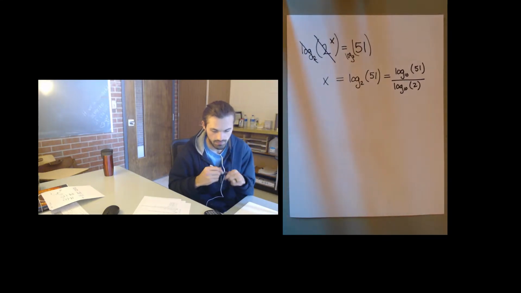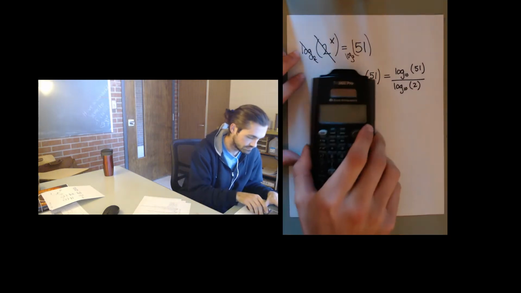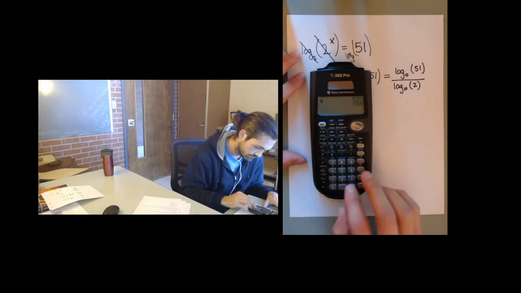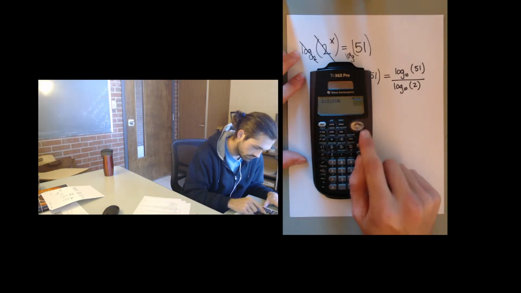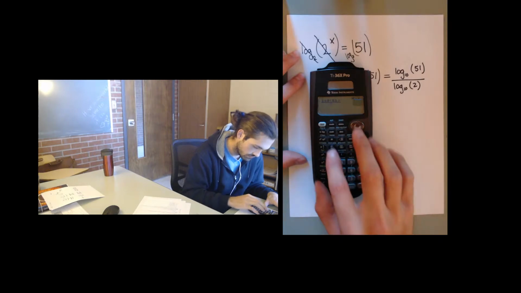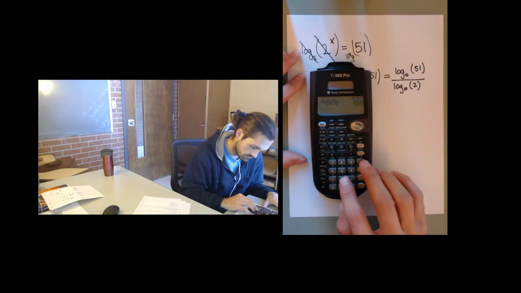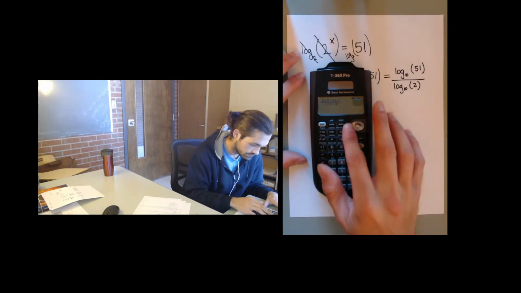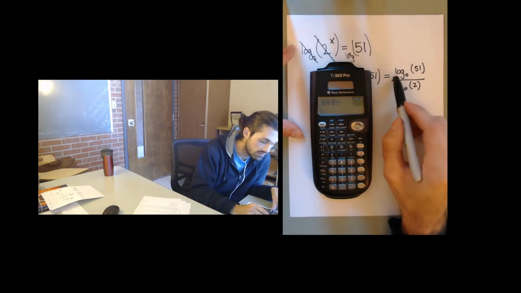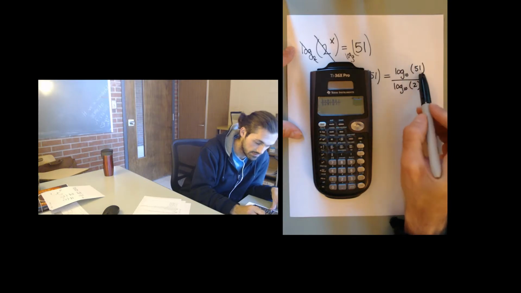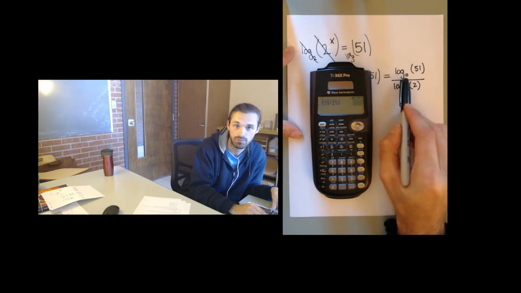So we can push this into our calculator. If I have log 51 over log 2. So do keep in mind, if all you see is log and then this number and you don't see this subscript for the base, it's implicitly 10.